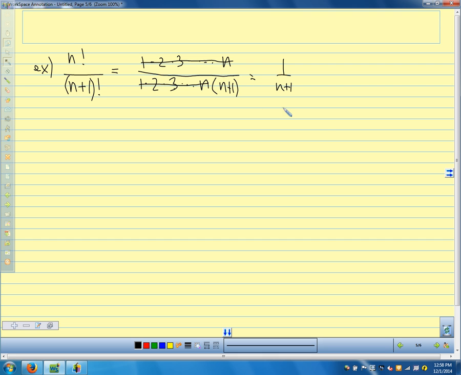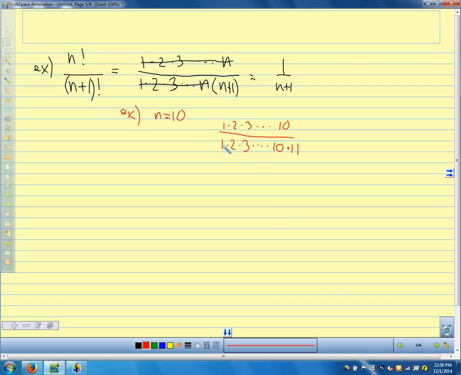So if it helps you, you can think about just plugging in numbers. Let's say n is 10. The numerator is telling us to do 1 times 2 times 3 times ... all the way up to 10. The denominator is telling us to do 1 times 2 times 3 times ... all the way up to times 10 times 11.